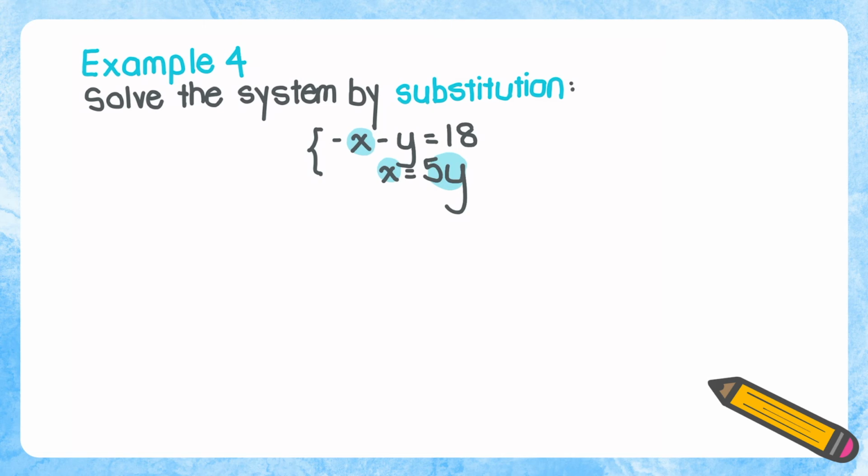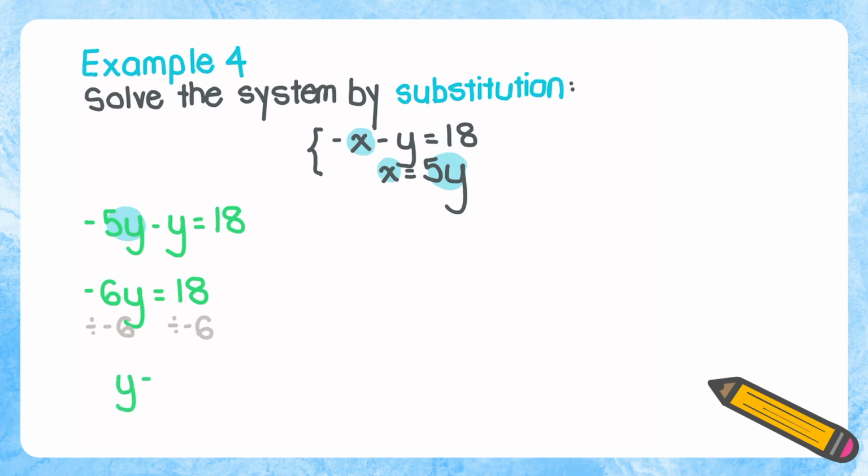So instead of negative x minus y, we'll have negative 5y minus y equals 18. I replaced x with the 5y. And negative 5y minus y is negative 6y. And to isolate our y value, we'll divide both sides by negative 6. y equals negative 3.